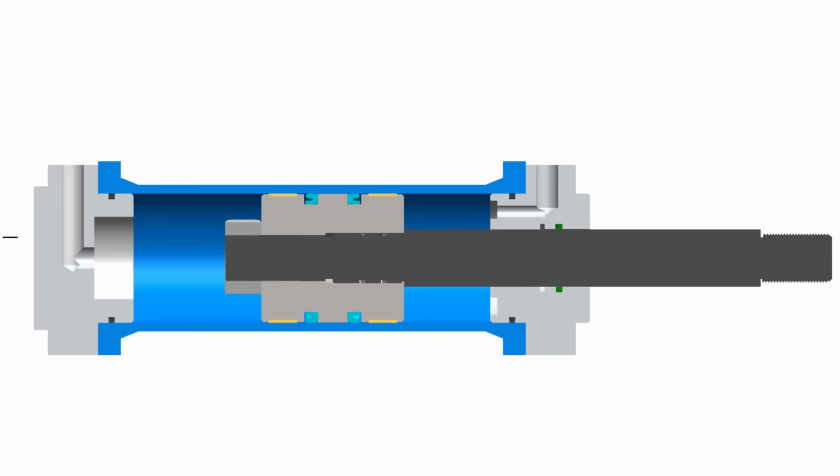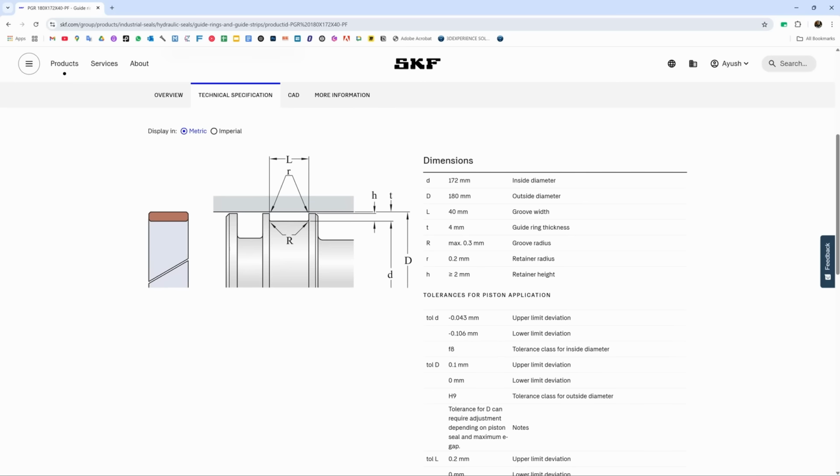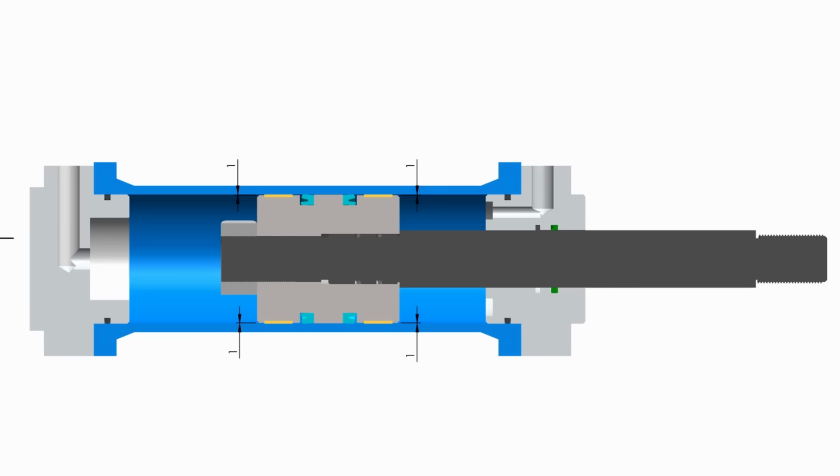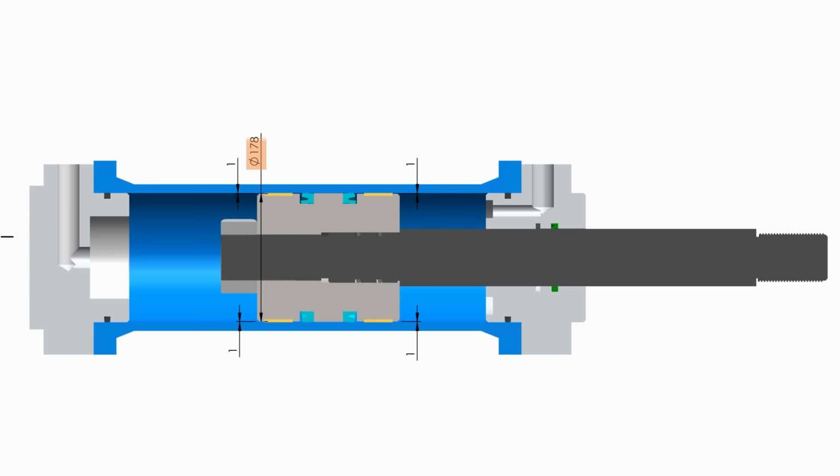So here I have created the groove for both rings and the seals according to the recommendation in their datasheet. And on end steps, I have maintained a retainer height of 2 mm, 1 mm on each side. So the step diameter is 178 mm, 180 minus 2.